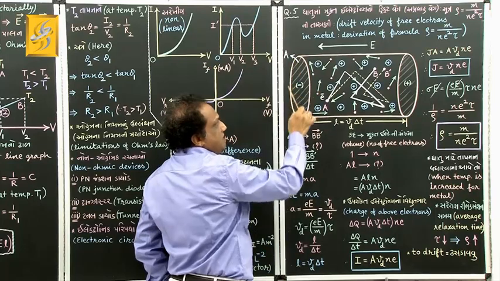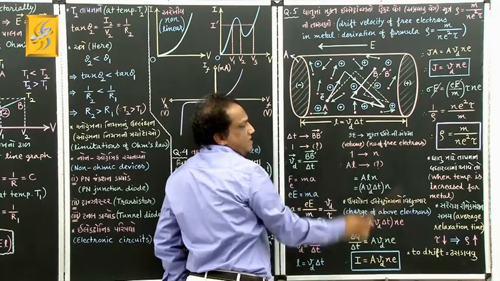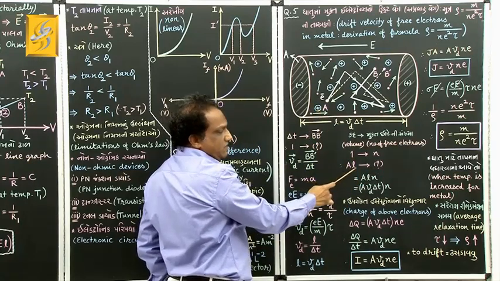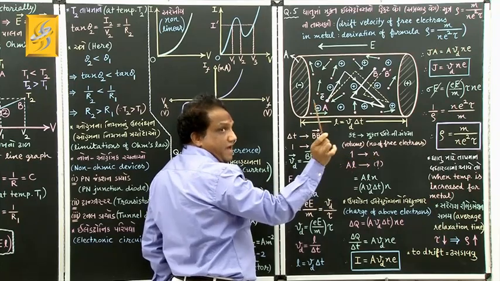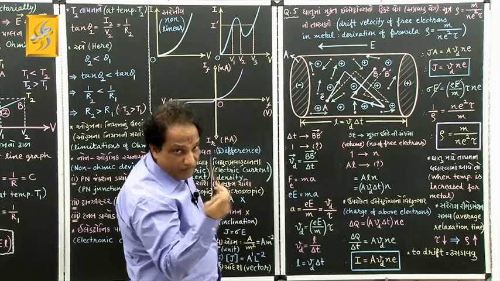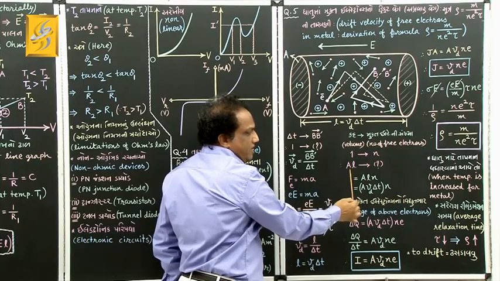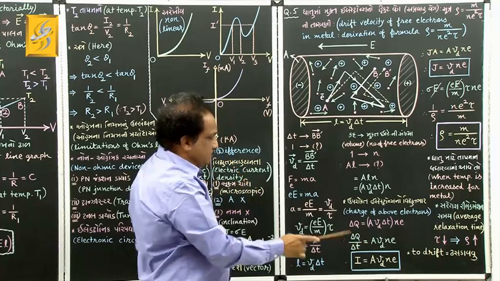It will be cross sectional area A multiplied by length L, so the total volume of this cylindrical conductor is A into L. For unit volume the number of free electrons is n, so for total volume A into L the total number of free electrons will be A into L into n, correct. Just place the value of L.